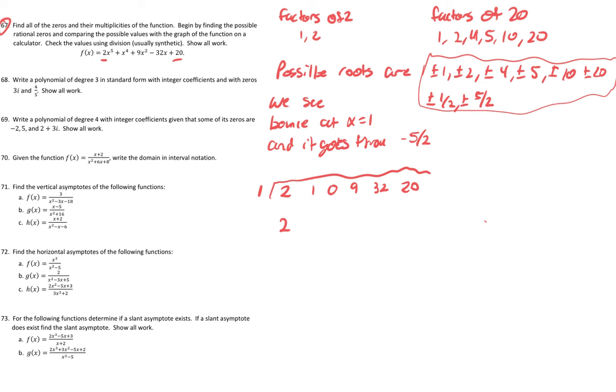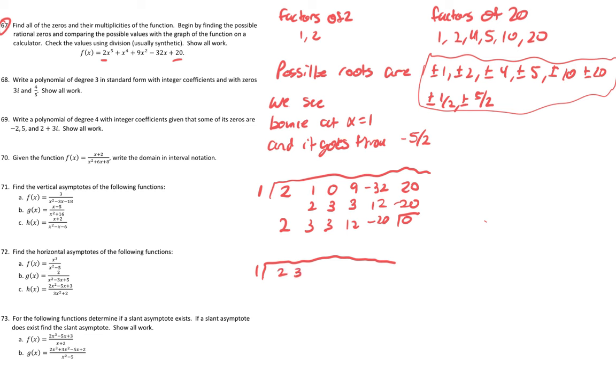So 2, 2, 2, 3, 3, 3, 12, 12, -20, -20, 0. So yes, 1 is a root, but we said it kind of bounced, so that implies that there's probably more than 1 there.